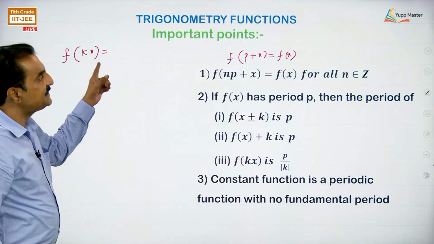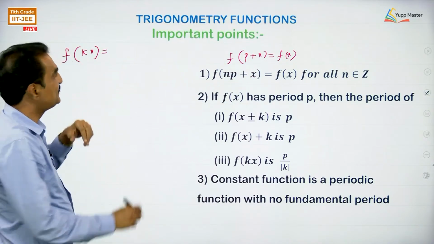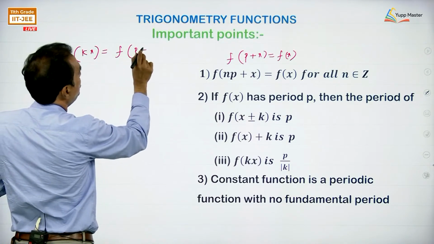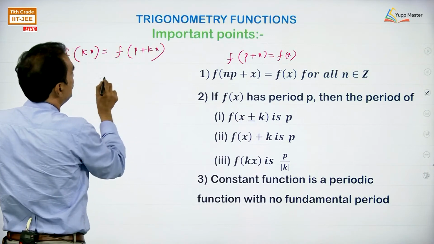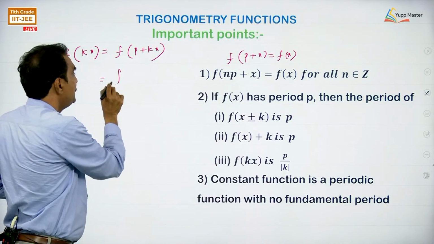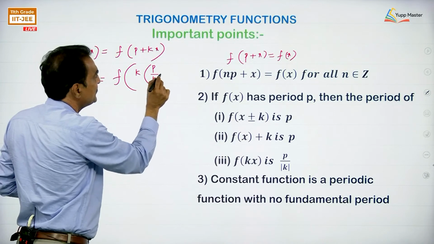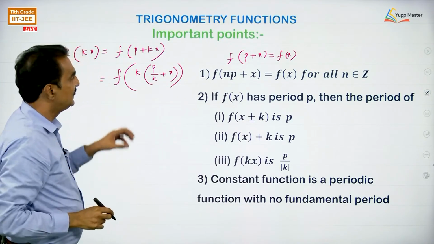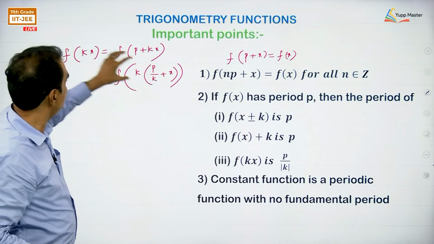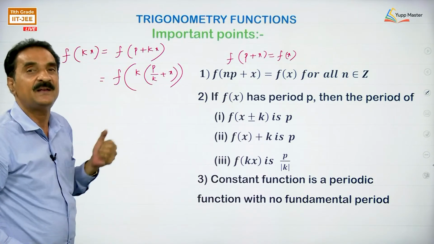So, I can write, if I replace x by kx, this is for any x, I can write this as p plus kx. In order to put it in this form, I will take k common. It will be f of k into p by k plus x. Now, you observe this and this. When x is replaced by p by k plus x, the function is remaining same. So, the period of this function is p by k when k is positive.